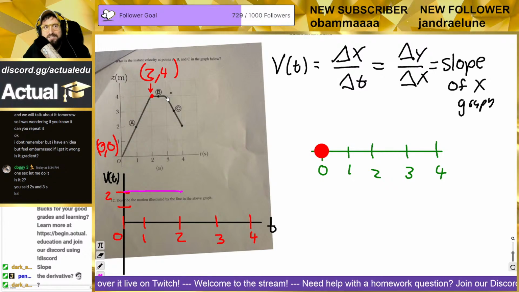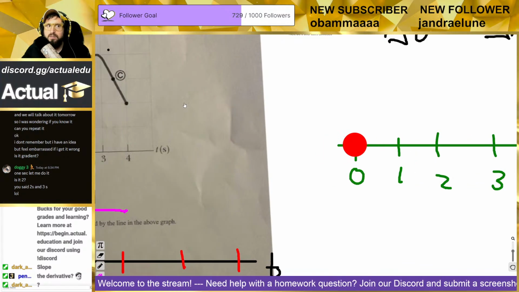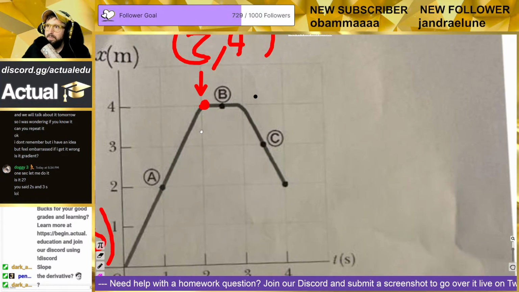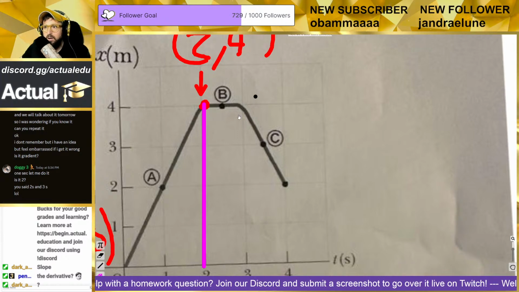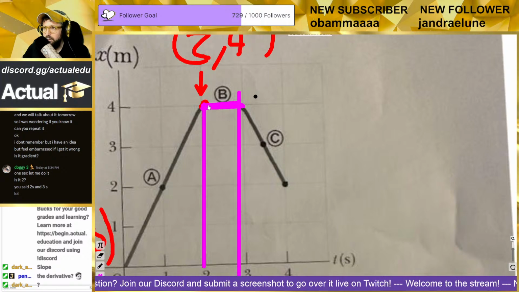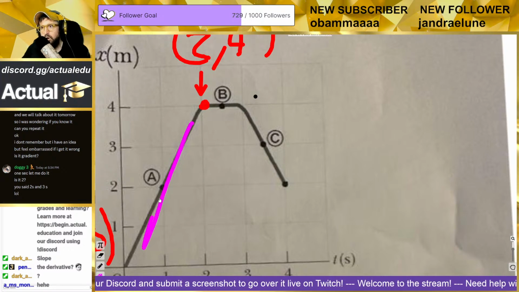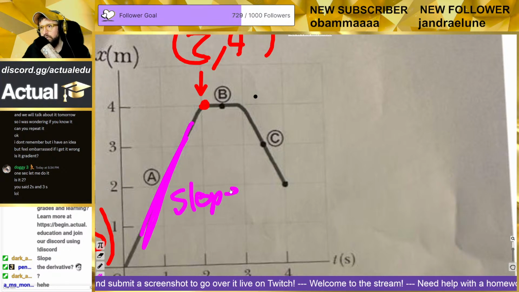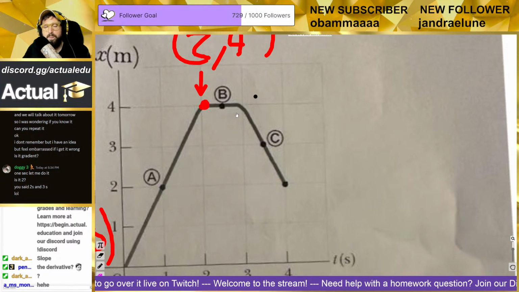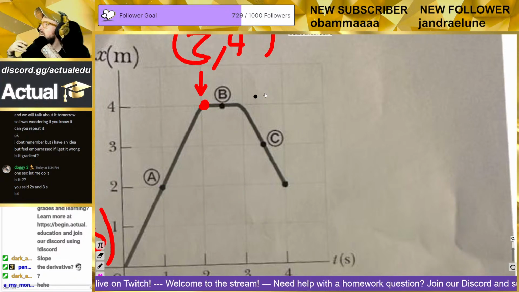What's the slope? Between here and here, dog. Does that make sense? What's the slope right here? The slope here we figured out was equal to 2. What's the slope here?